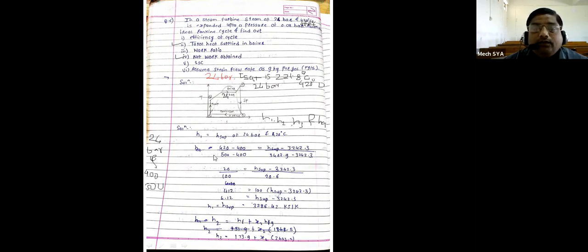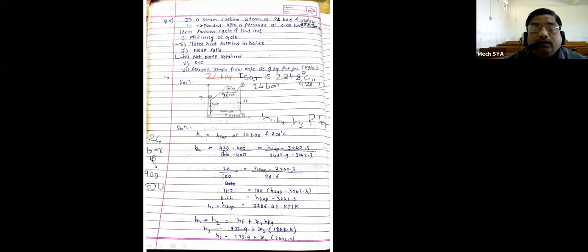So H1 is equal to h superheated at 24 bar and 420 degrees Celsius. Now 420 is coming in between 400 and 500. Therefore, we have to make one interpolation equation in such a way that there will be only one unknown.